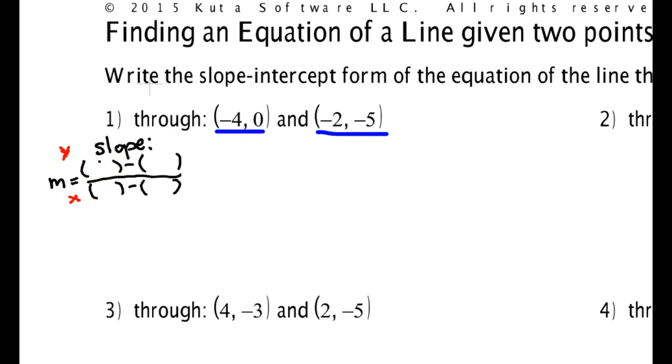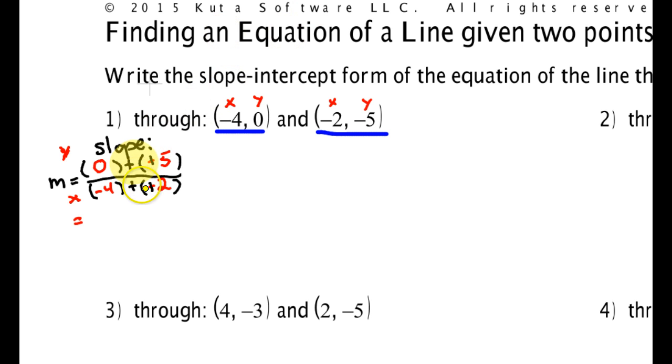So y's will have 0, -5, right? There's 0, that's a y, -5, that's a y. And then on the bottom is the x's, -4 and -2. -4, -2. Double negatives, positive, both of them, double negatives.